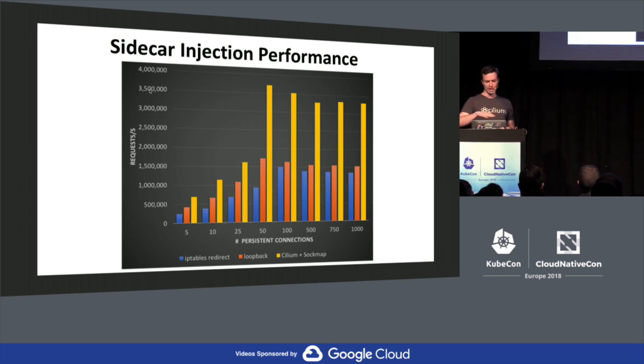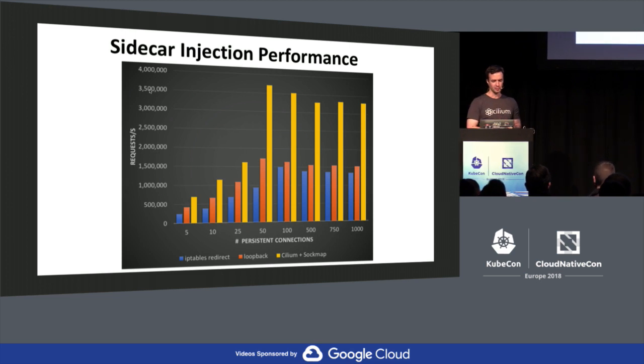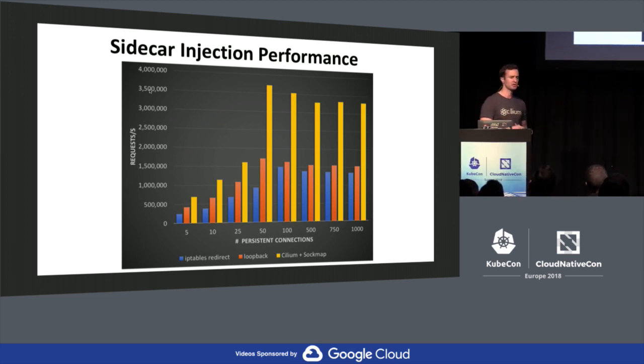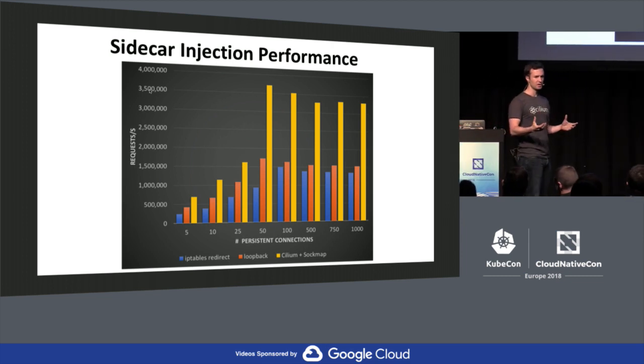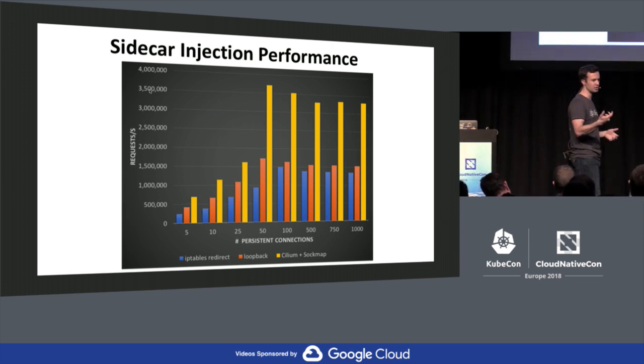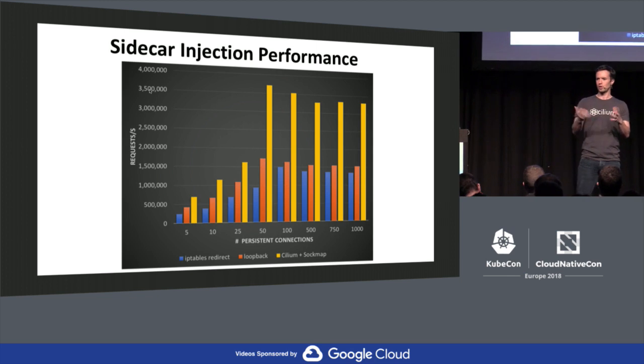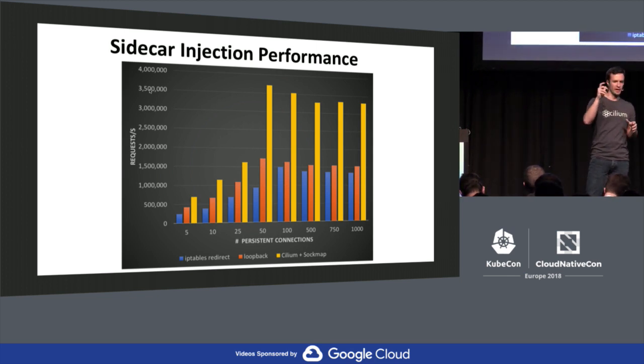If you're wondering what the axes are, the Y-axis is the number of requests per second. The X-axis is the number of persistent connections. Typically, if you're running a service mesh or running with a sidecar, the app does not open a new connection for every request.